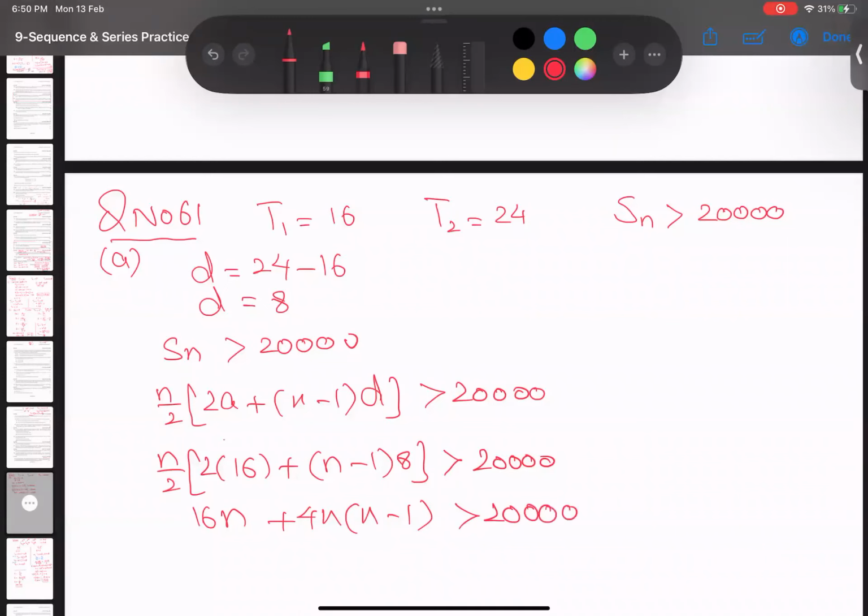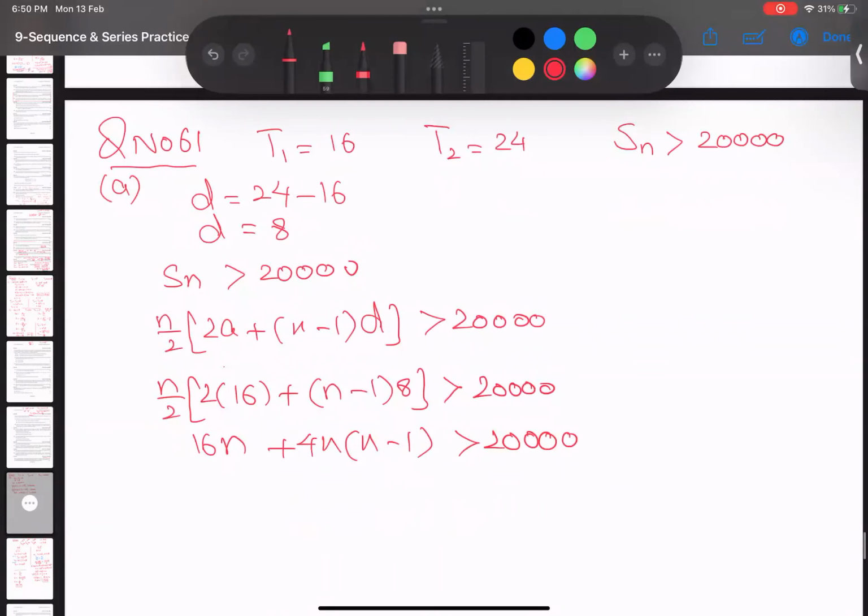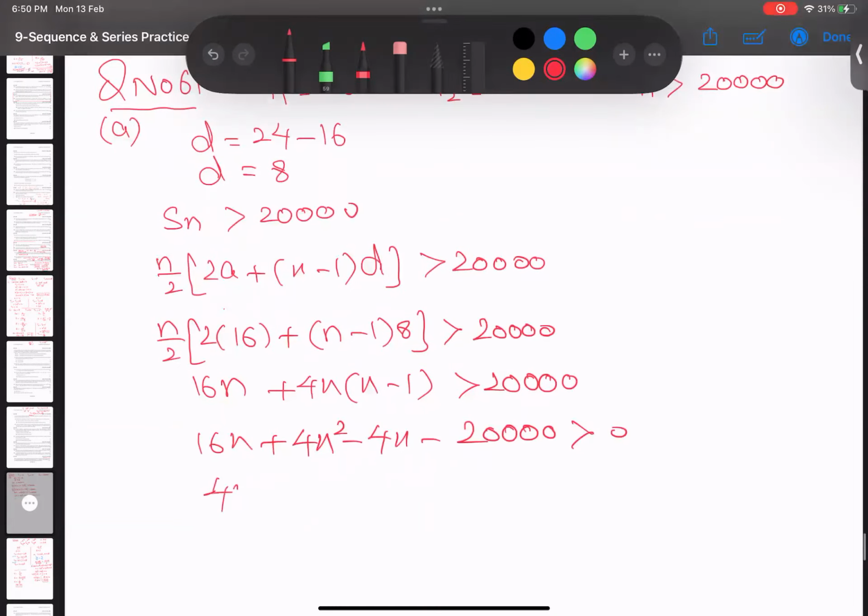I believe up till here, okay. Now this is 16n plus 4n to the power 2 minus 4n, and I bring 20,000 to this side. I get this form: 4n to the power 2, and solving together I get 12n minus 20,000.